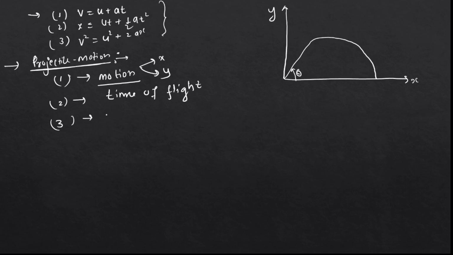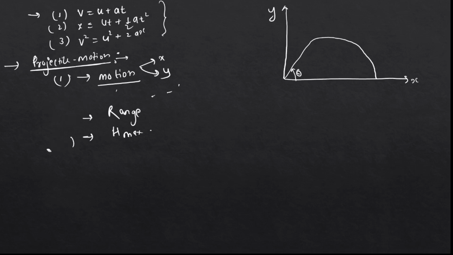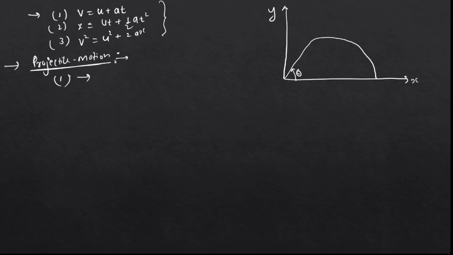What these things mean, I will tell you. And the fourth thing is the maximum height it would attain. Right, these are the things that we need to find for any projectile, and most of your work will get done just by knowing these things, right? So the first thing is the motion along the x or y axis.